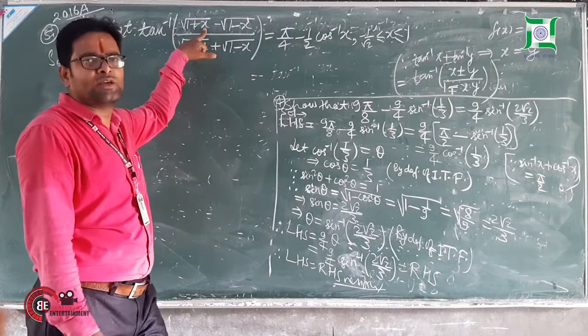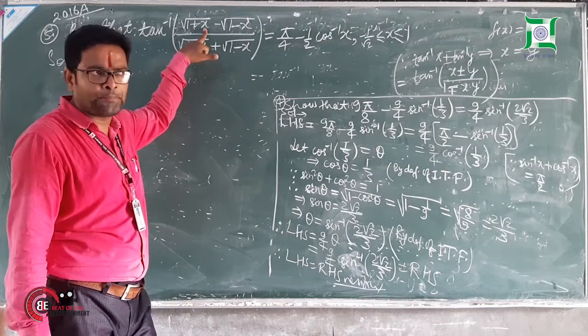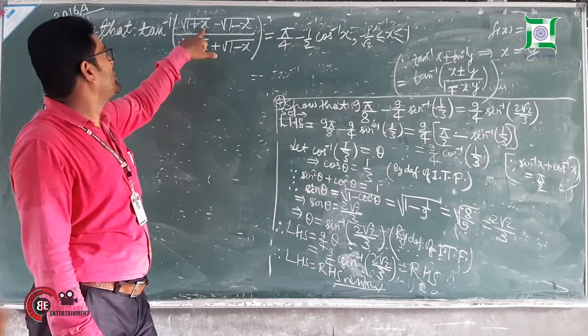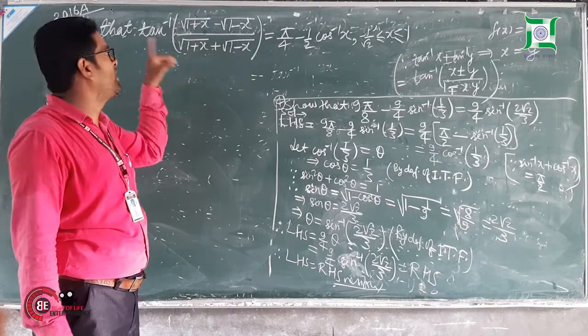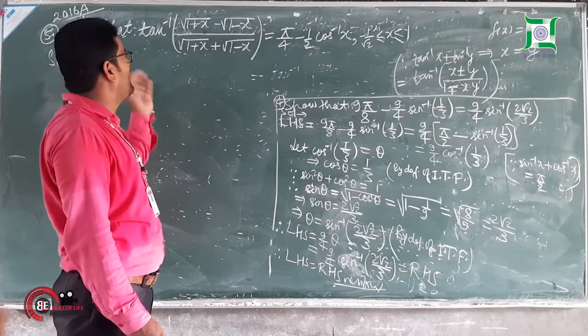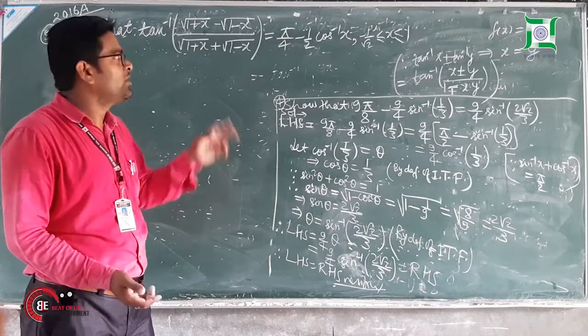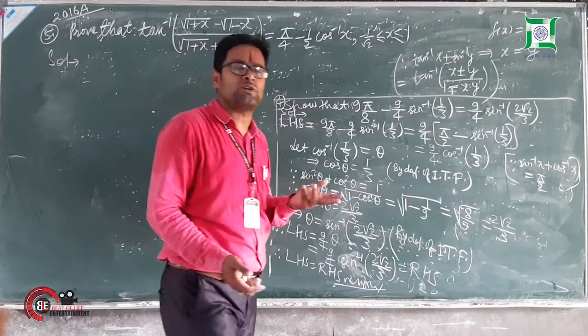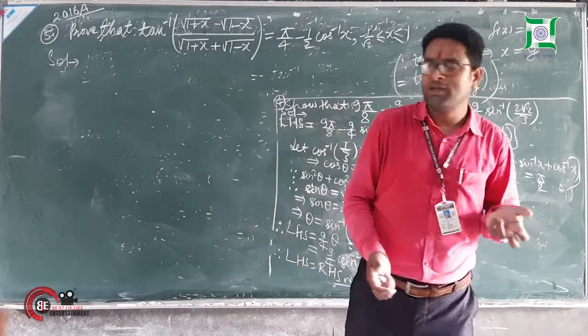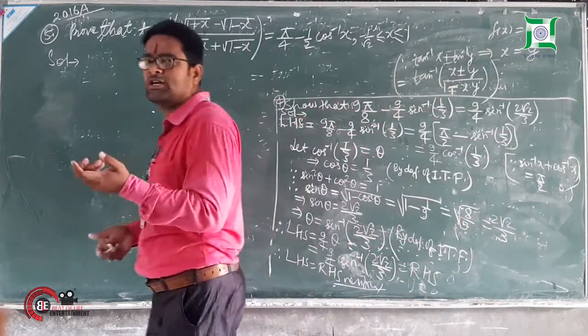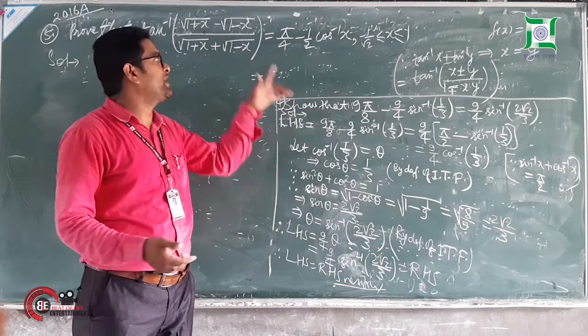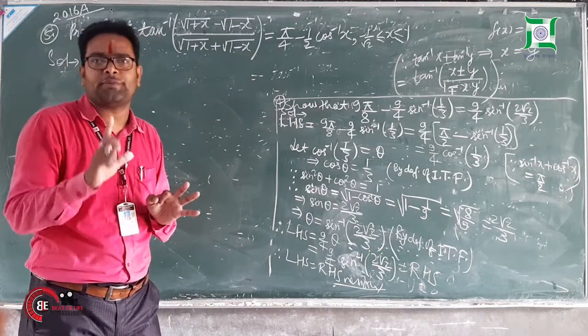If x is cos theta or cos 2 theta, what will happen? 1 plus cos 2 theta is 2 cos square theta, and 1 minus cos 2 theta is 2 sin square theta. If you put cos theta, it will be 1 plus cos theta as 2 cos square theta by 2, and 1 minus cos theta as 2 sin square theta by 2.